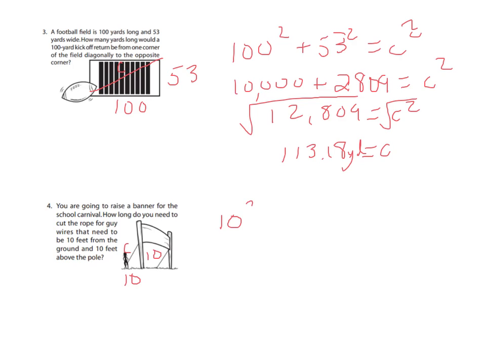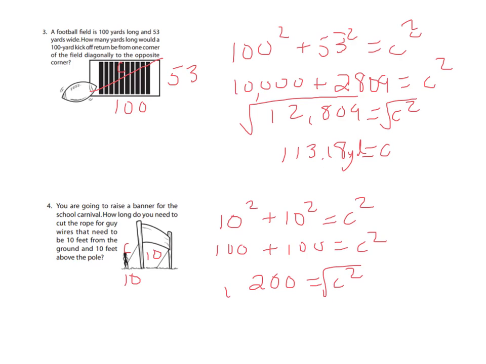So we have A squared plus B squared equals C squared. Well, 10 squared is 100. Same thing again. 10 squared plus 10 squared is 200. I take the square root, and the square root of 200 is 14.14 feet.